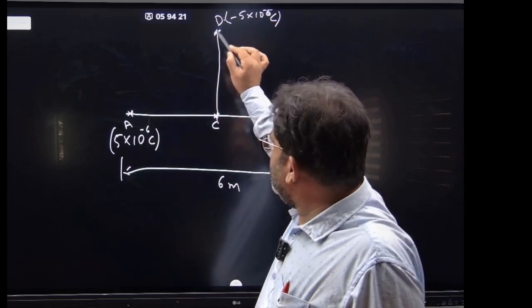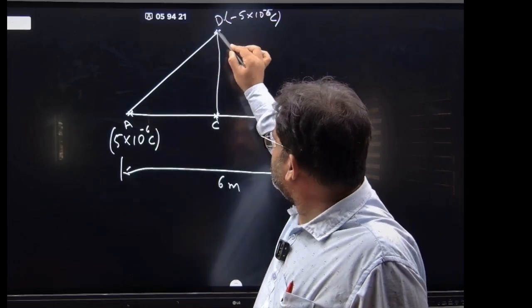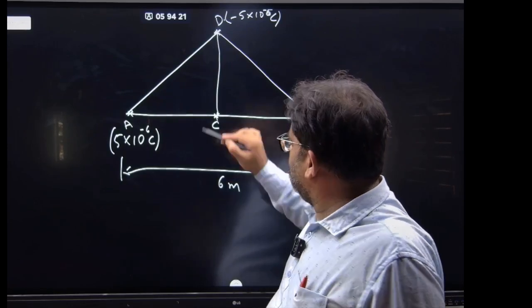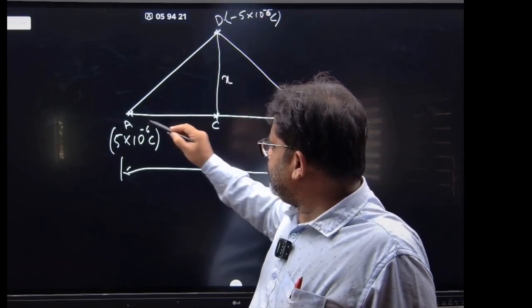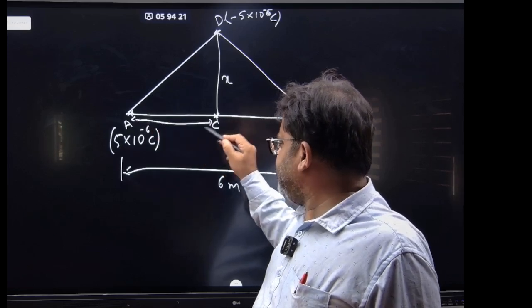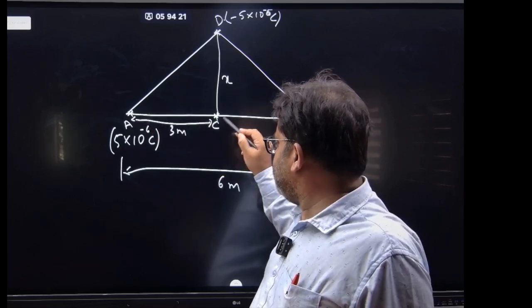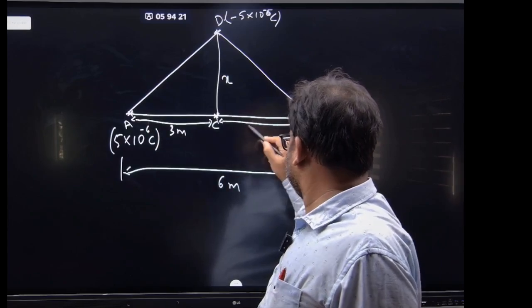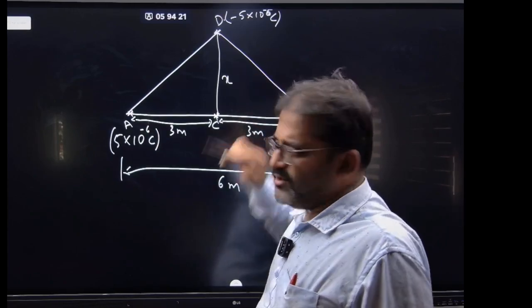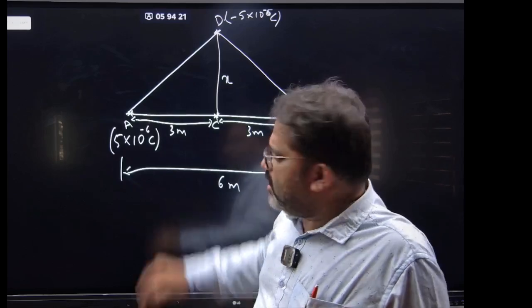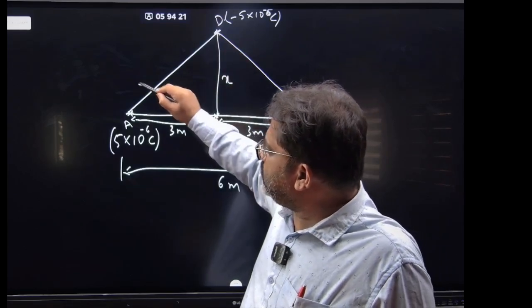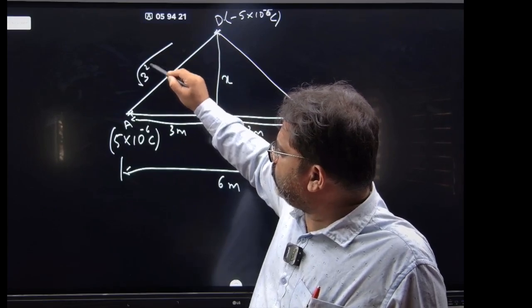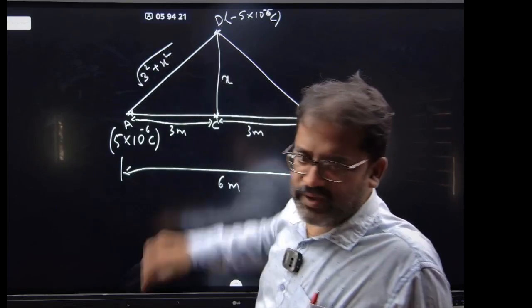Very good. Now, let us take this distance as x. This will be 3 meter, this will be 3 meter, and this will be x. And this distance, by the Pythagoras theorem, will be root of 3 square plus x square.